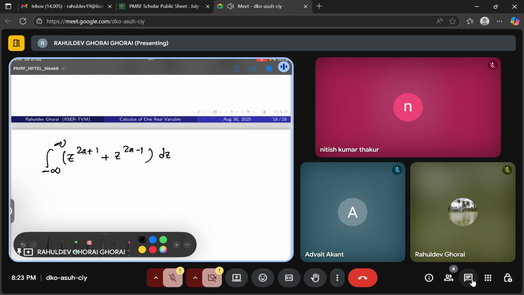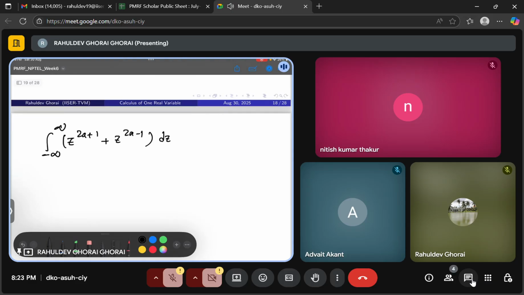Here z is a real number, not a complex number. What is a? I'll write it, because a is not written there: a is greater than or equal to 1 and a belongs to the integers.